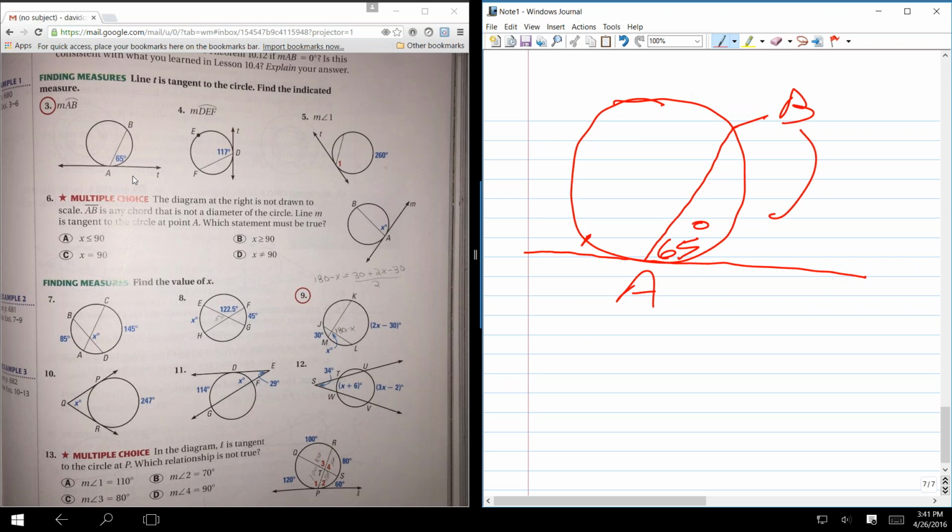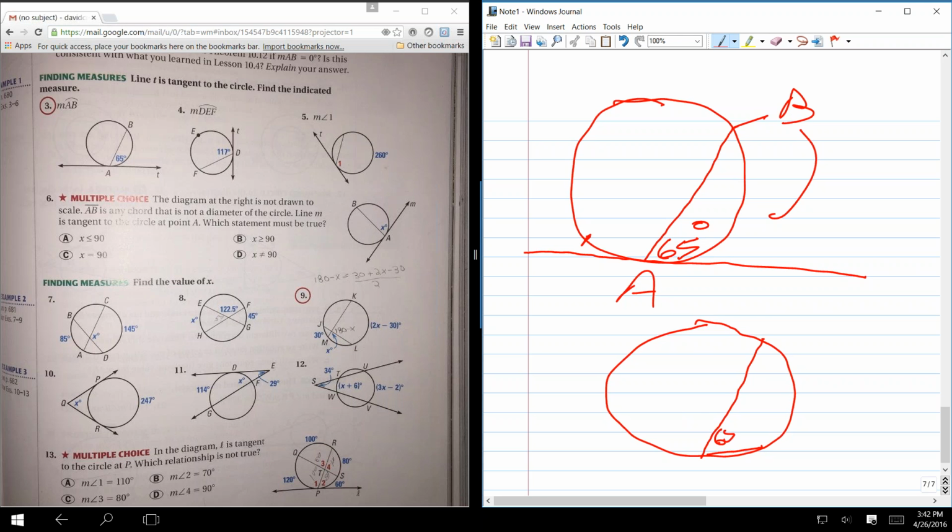So notice that this is very similar to the first problem I drew. In fact, let me draw it this way. And instead of a tangent line, I'm going to put a line like that. Okay?